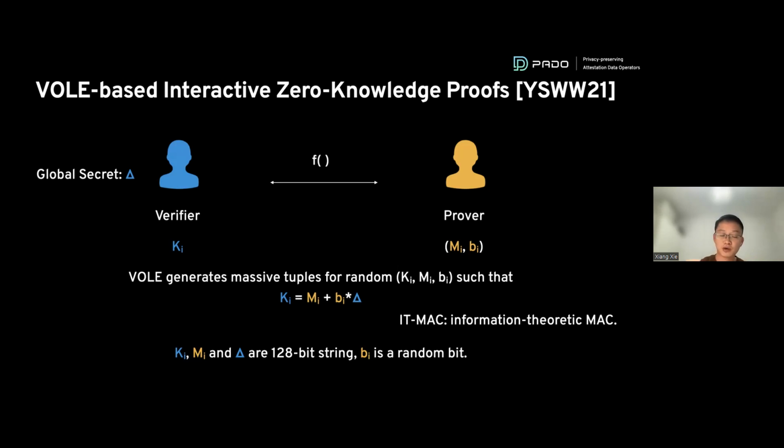When each party opens the value, there's no way to say something different. So it's actually an interactive commitment scheme, and this is also very important in our garble-then-prove paradigm, because we don't need to design or implement a hash-based commitment for all the inputs and outputs. We just use IZK and VOLE tuples to make it a commitment for free. This is why we can make it very efficient.